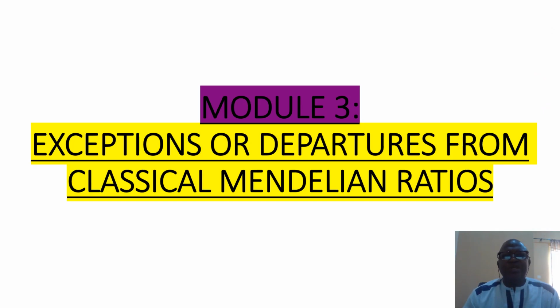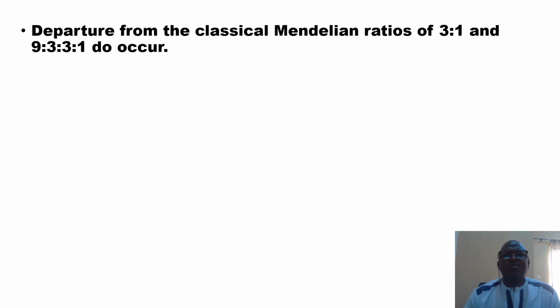Today we'll be going straight into module 3, and this has to do with exceptions or departures from the classical Mendelian ratios. In normal situations, the expected Mendelian ratios of 3:1 and 9:3:3:1 are expected.